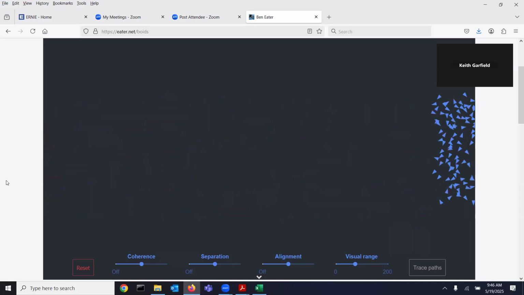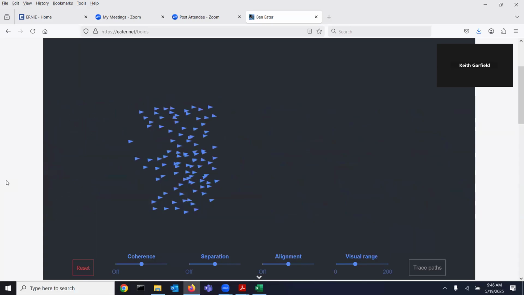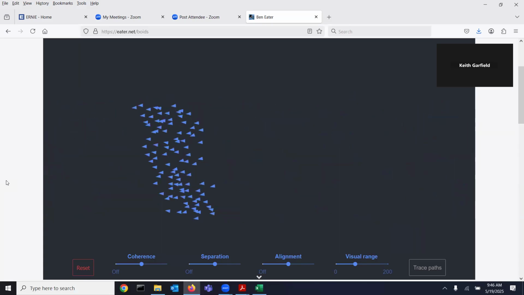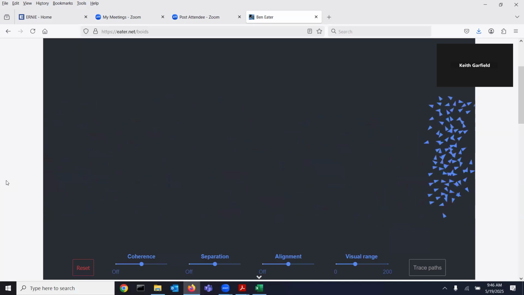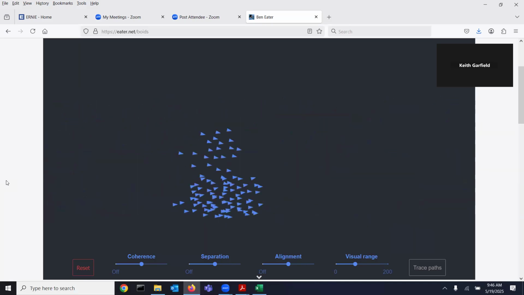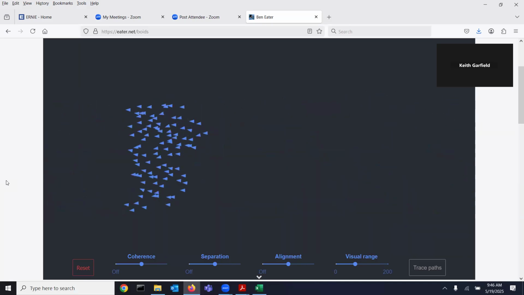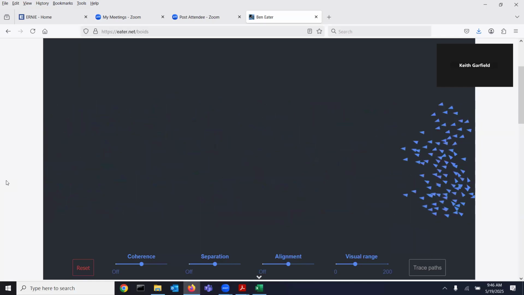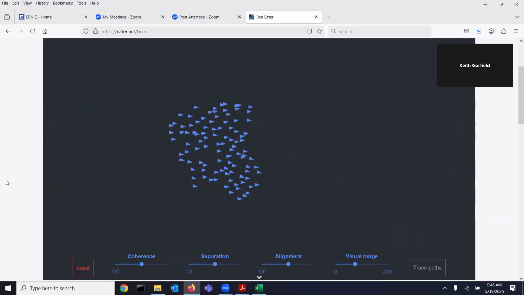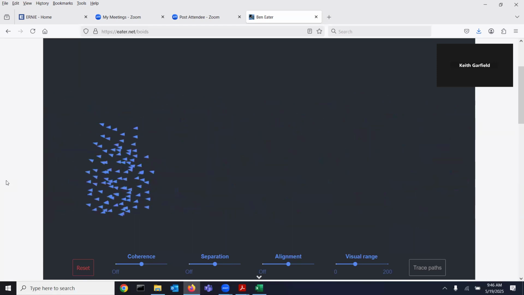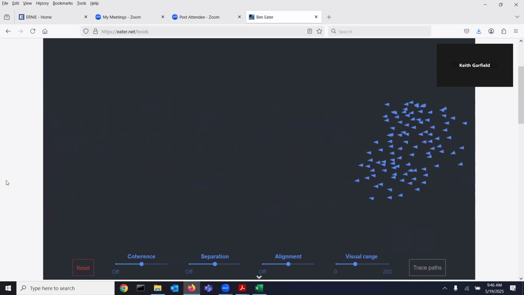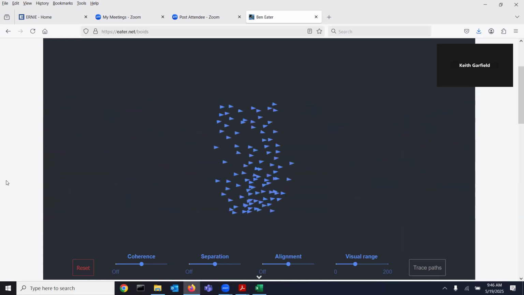Separation, they want to make sure not to run into anybody, so that makes another little vector. Coherence, they want to go to the center of mass of their local group. And so that makes another little vector, and they add those three little vectors together to get a resulting vector, and they move a little bit in that time step forward in that direction. And by doing just those three stupid simple rules, you get flocking behavior.